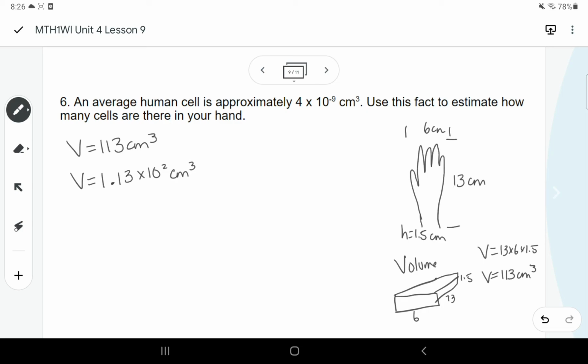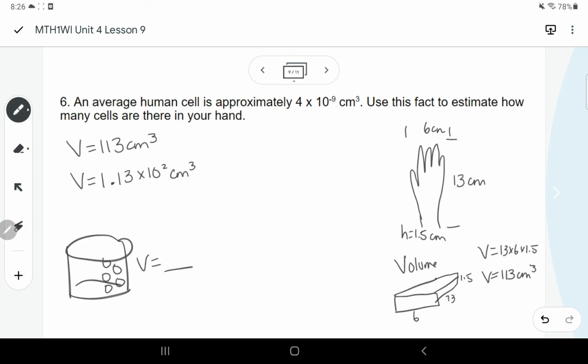This is kind of like the candy question on your Unit 3 test. There was one, and there was definitely some in the homework, that said, oh, okay, if the volume of this container, some kind of container, had a volume here, and each thing inside had a certain volume, how many could fit?